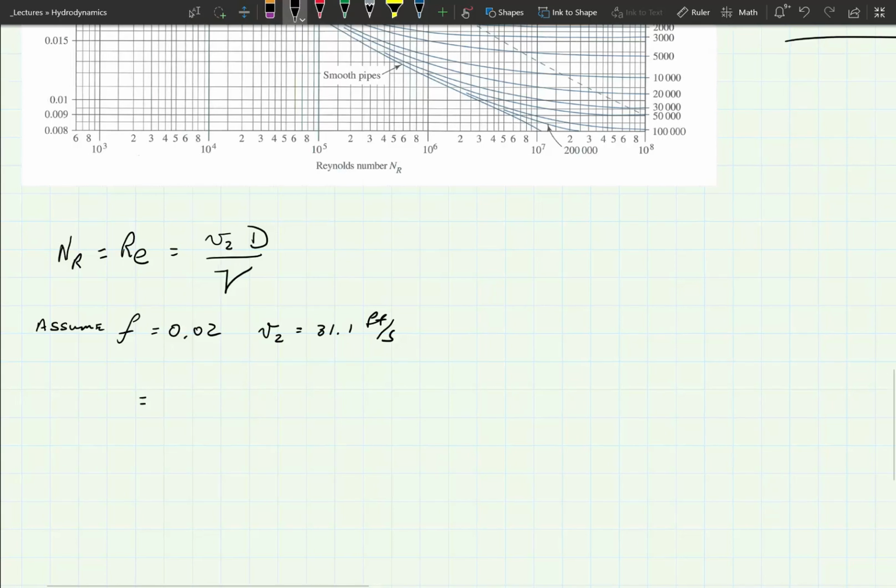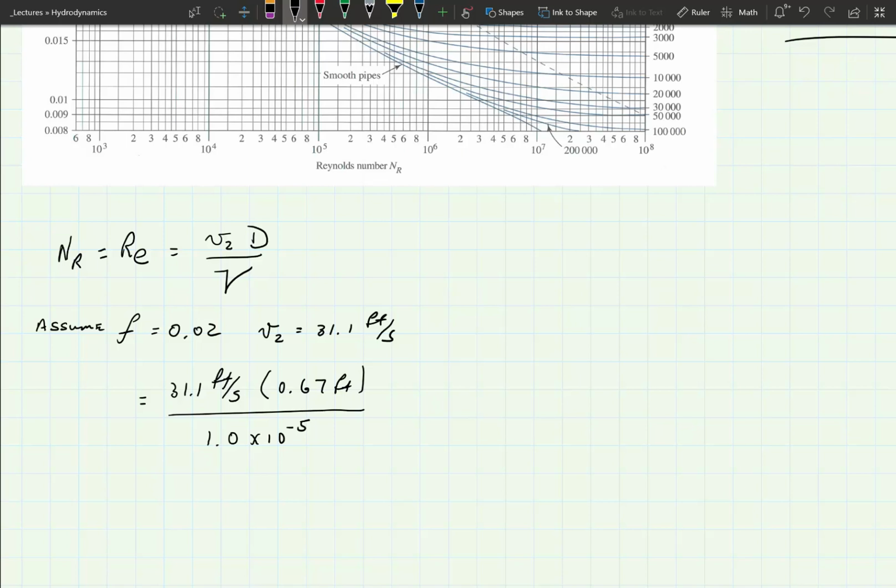And we plug that in, and we're going to get a Reynolds number of 31.1 feet per second times the diameter, 0.67 feet, divided by, anybody remember this magic number? Okay.